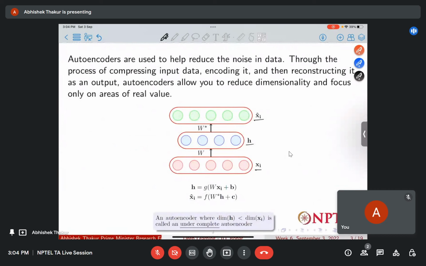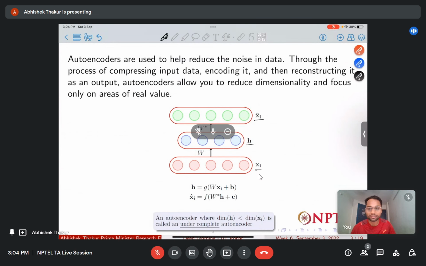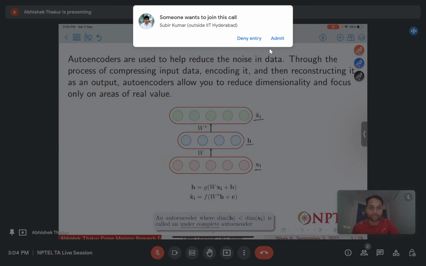So we will see why autoencoders are used. They help reduce noise in the data through the process of compressing input data, encoding it, and then reconstructing it as an output. Autoencoders allow us to reduce dimensionality and focus only on areas of real value. So it reduces the redundant dimensions and we can focus on the areas that are required.